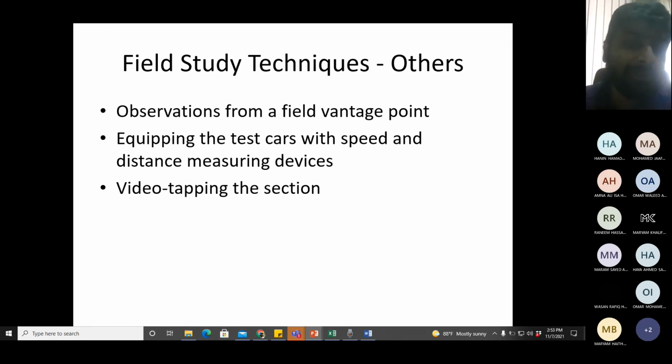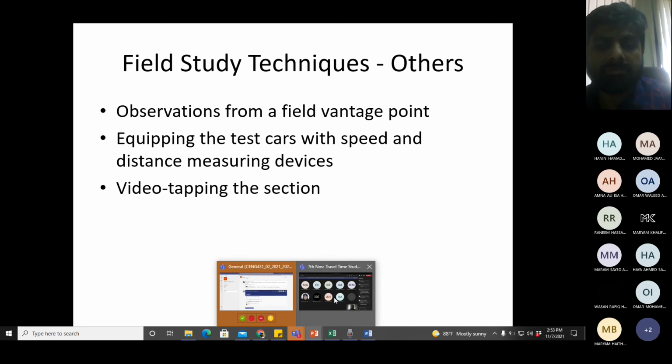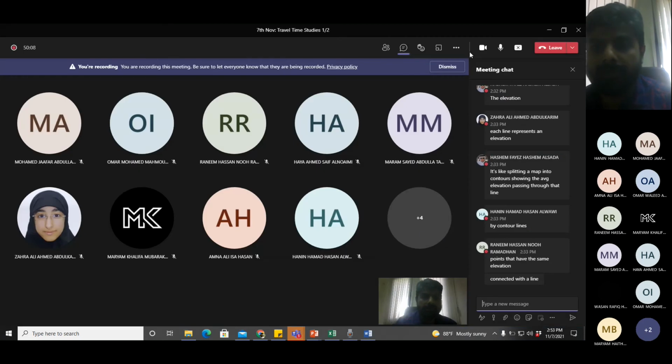Okay, but again, the problem is to find out a location where you can put the camera. Sometimes the view of the camera is blocked by a truck. A truck entered, it is moving slowly, so till the time the truck is gone, there is no other observation because the truck is directly in front of the camera. It is blocking all the other lanes. So all techniques have some restrictions.